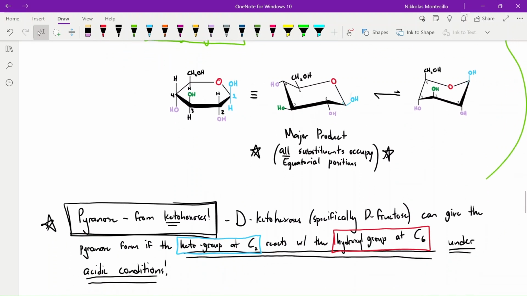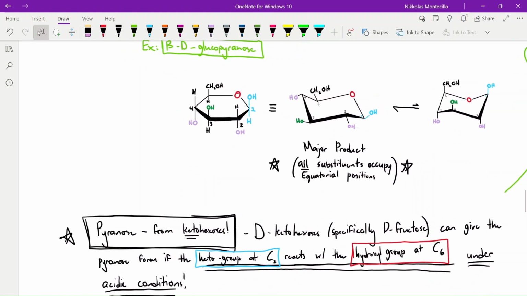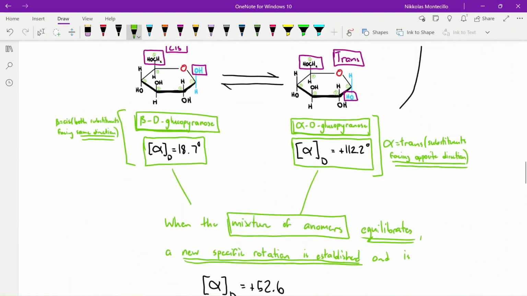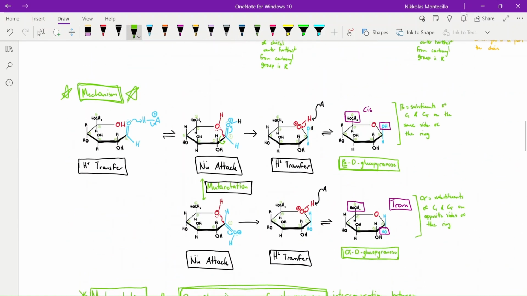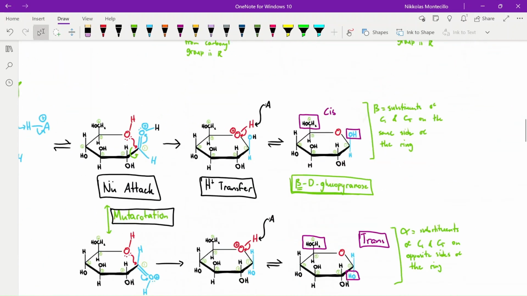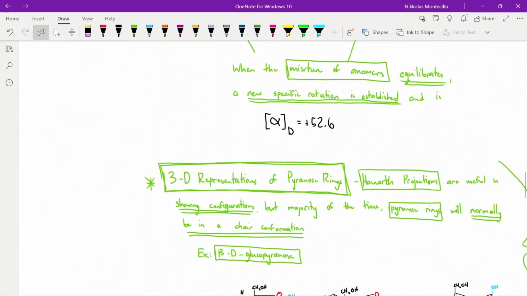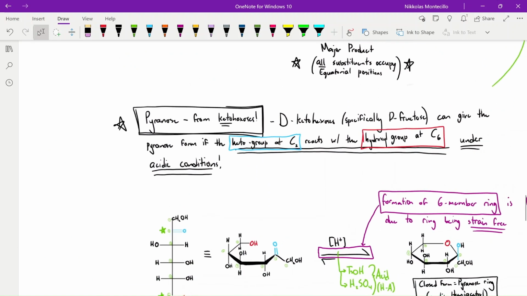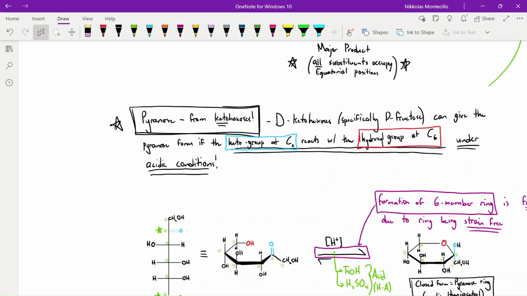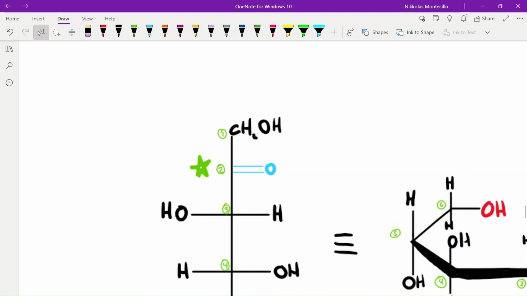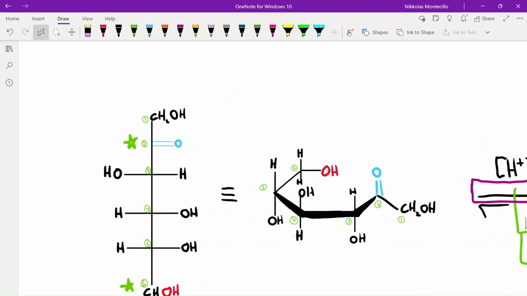So there's another form of pyranose, a monosaccharide in the form of a pyranose, that can be derived from ketohexoses. So remember when we referred to D-glucose as an aldohexose? We consider D-fructose to be a ketohexose, given that the functional group expressed for this particular monosaccharide is a carbonyl group, right?